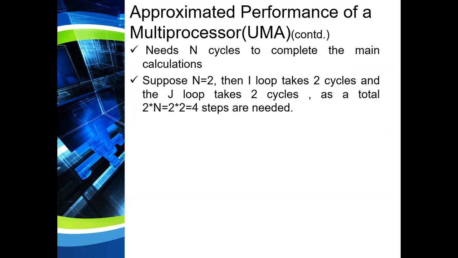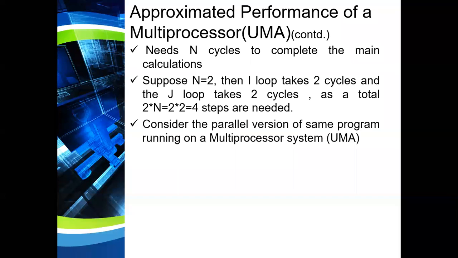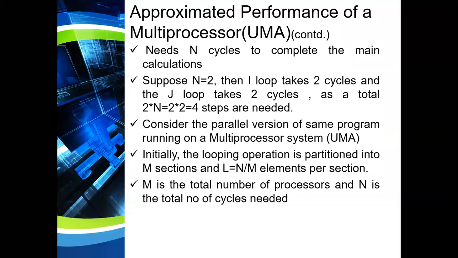We also discussed an example with the number of elements equal to 2. For 2 elements, the sequential version takes 4 steps, that means 4 cycles. Thereafter, we considered the parallel version of the same concept with partitioning. Partitioning means partitioning the statements among an equal number of processes with the n by m ratio.